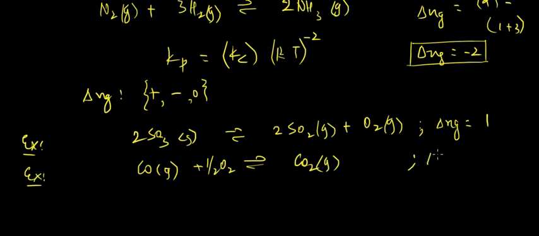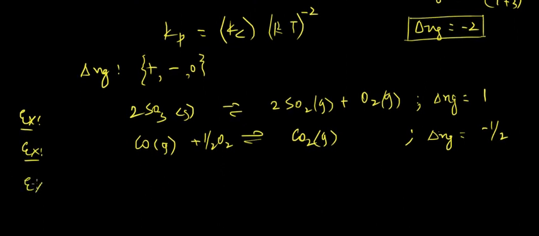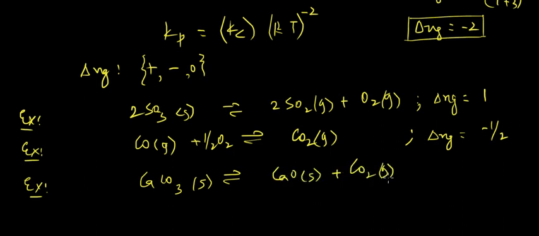Delta Ng in this reaction would be minus half. Similarly, let's see one more example. CaCO3 in solid state getting converted into calcium oxide plus CO2 gas. In this case as well, delta Ng would be 1.